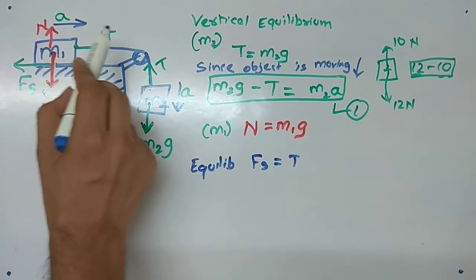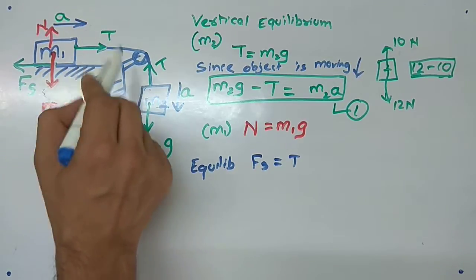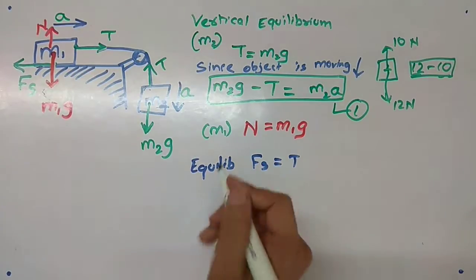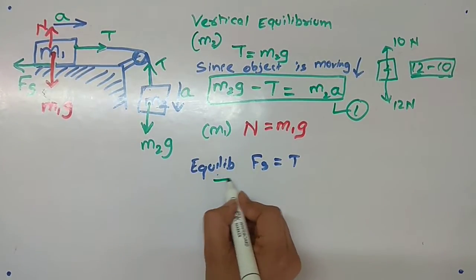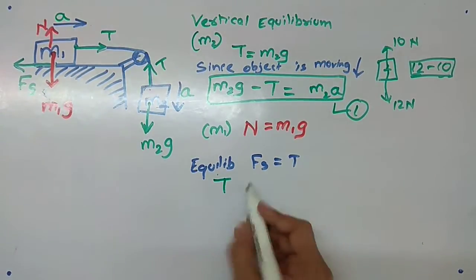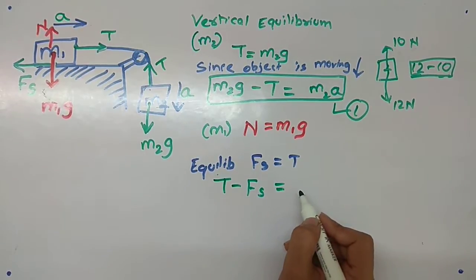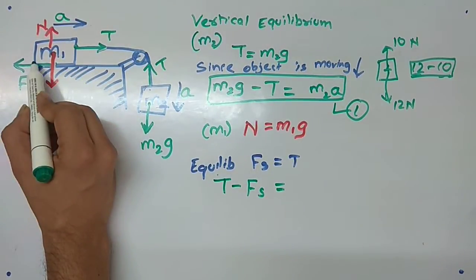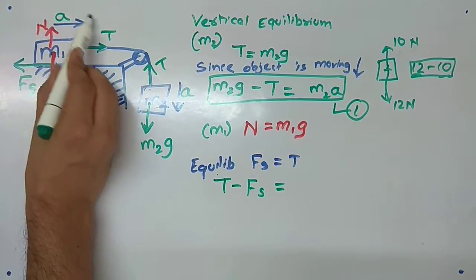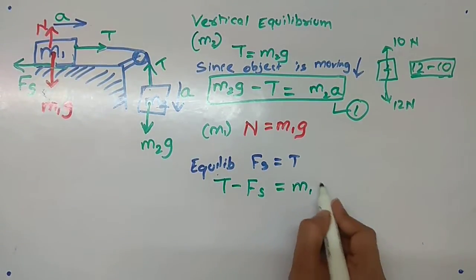So if it is moving forward, then the forward force should be greater. With analogy to the earlier equation, how should we write it? Forward, that is T. The opposing force here is this backward force, so minus Fs equal to, now the difference will lead to the motion, and for force we should always multiply acceleration with mass m1, that is m1 into a.